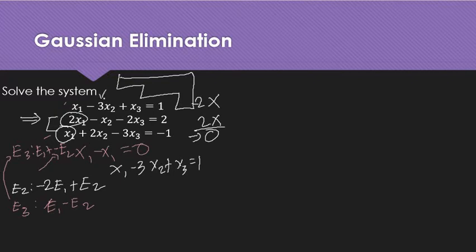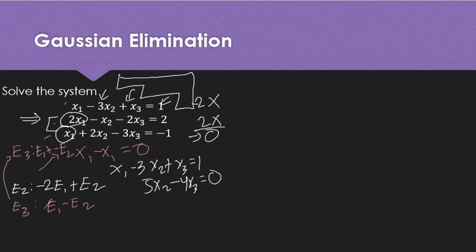Negative 2 times negative 3x sub 2, that would be 6x sub 2, plus negative x sub 2, that will give us a 5x sub 2, then x sub 3 times negative 2 is negative 2x sub 3, plus negative 2x sub 3 is minus 4x sub 3, that's equals negative 2 times 1 is negative 2 plus 2, 0.